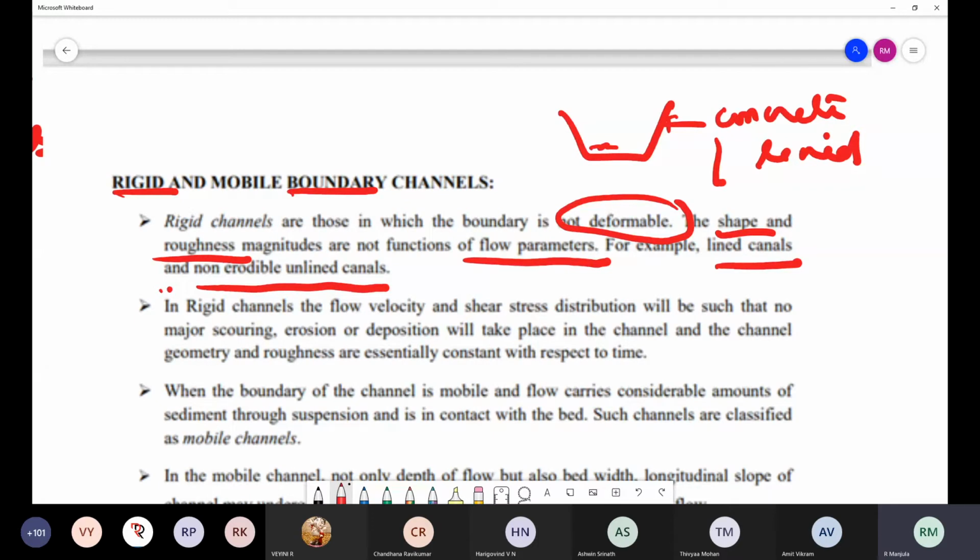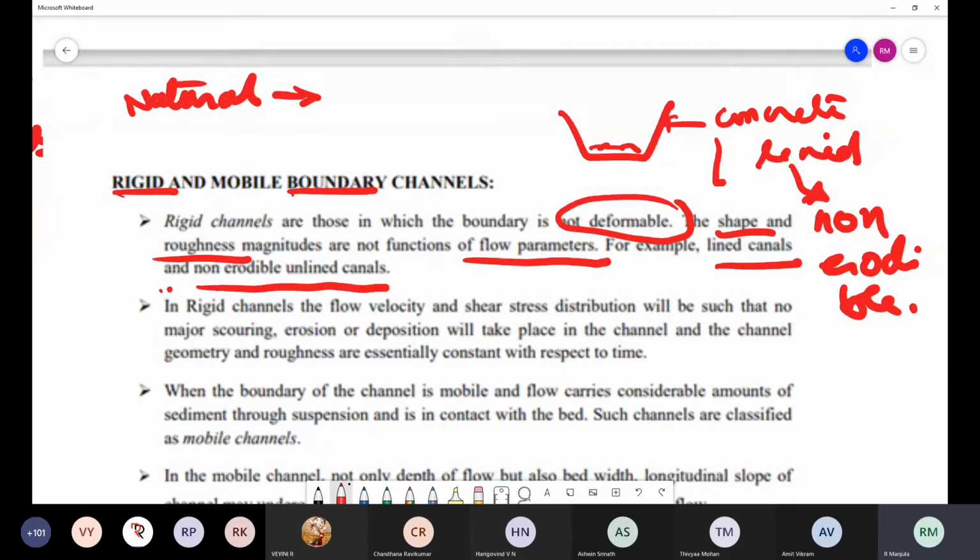So I can say lined is non-erodible, because there will not be any erosion. But if it is natural, then it is definitely erodible, isn't it? But if it is a lined canal, it is non-erodible.